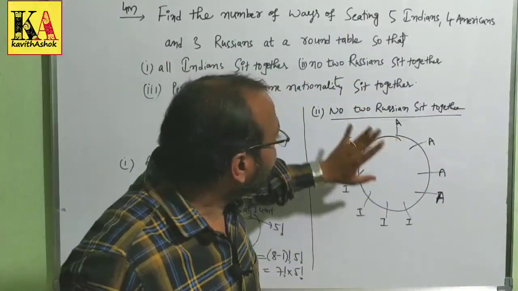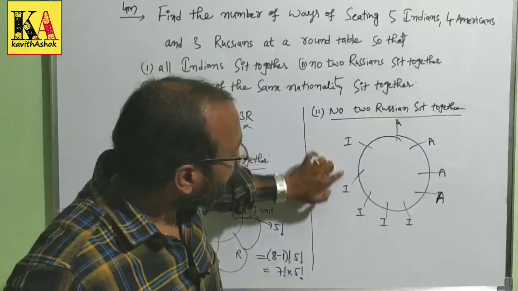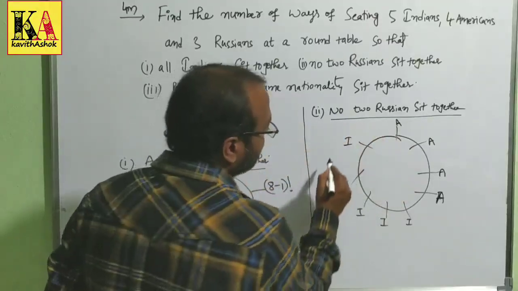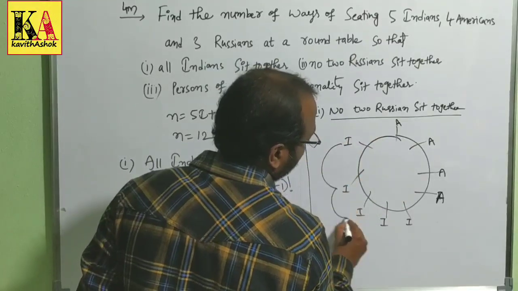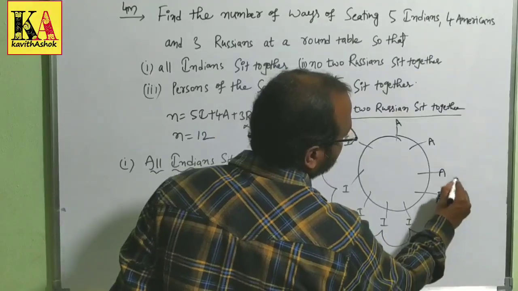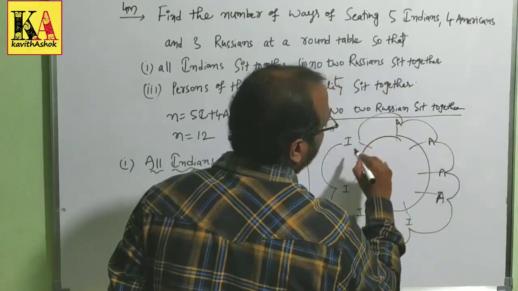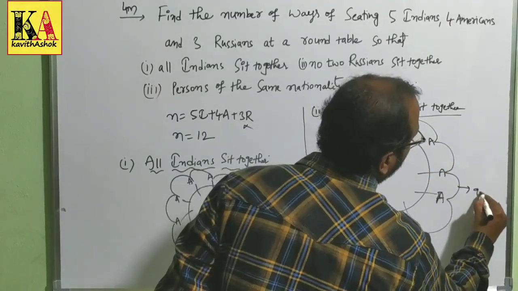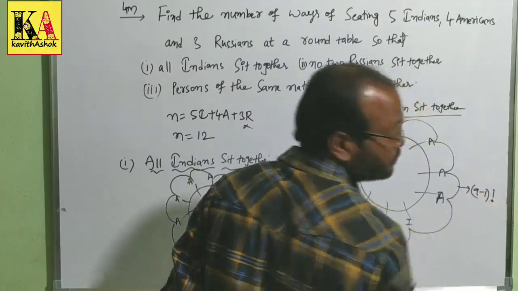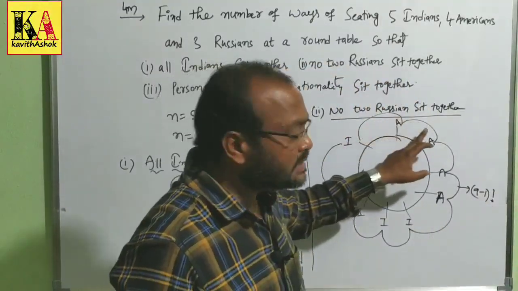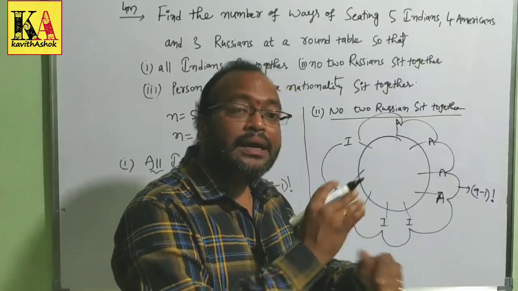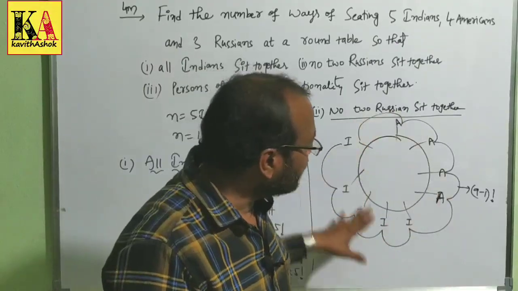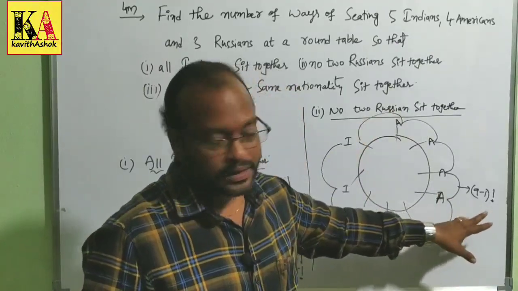First arrange other than Russians. So how many ways can we arrange? 1, 2, 3, 4, 5, 6, 7, 8, 9. Total 9 can be arranged in 9 minus 1 factorial ways. Whenever no two Russians are there, just leave those Russians. Remaining persons arrange in a circle. So like this, 9 minus 1 factorial ways we can arrange.